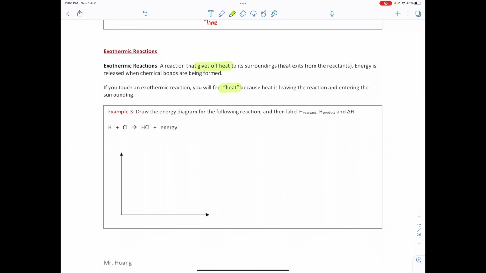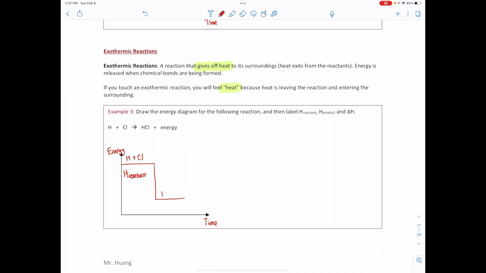Like the endothermic reaction, we can draw an energy diagram to show how an exothermic reaction works. We have energy on the y-axis again, time on the x-axis again. Once again, I can arbitrarily set my H and my Cl, my reactants, to have a certain amount of energy. This is the energy, or enthalpy, of my reactants. If they come together and form bonds, energy is given off, so there's a decrease in energy in the system.